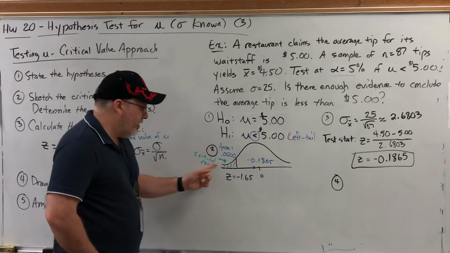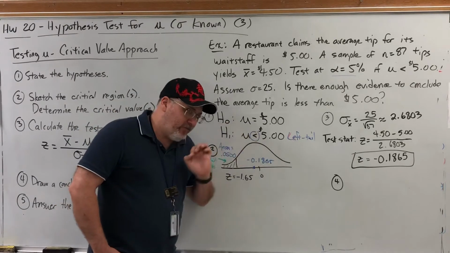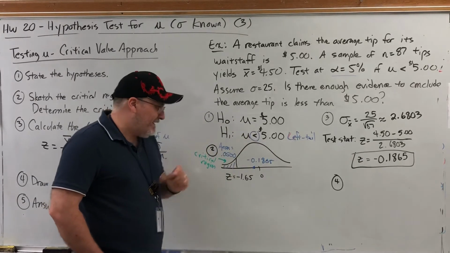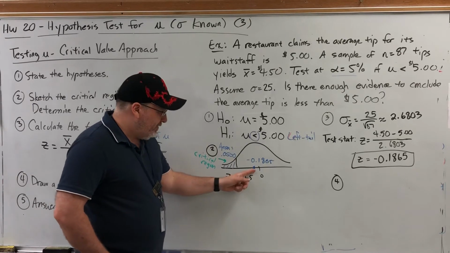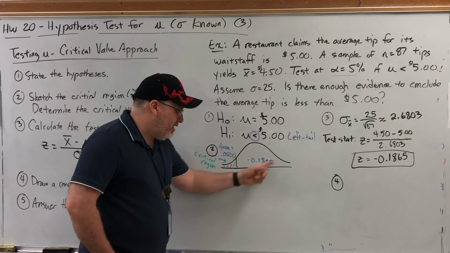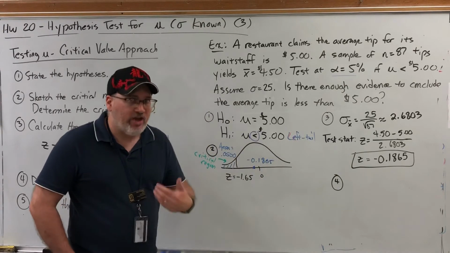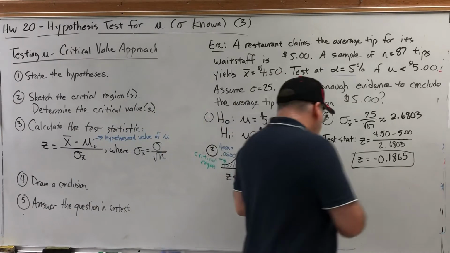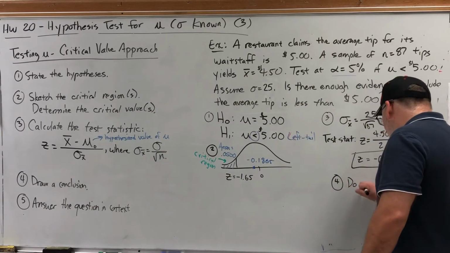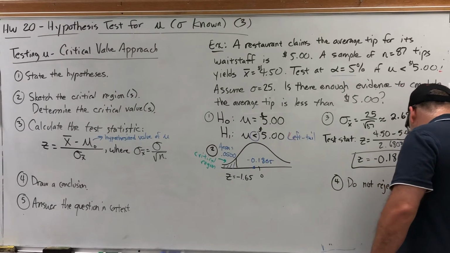I much prefer calling this the rejection region and the rest of it the non-rejection region, because its name tells you what to do. This test statistic stays in the non-rejection region, so our conclusion is do not reject the null hypothesis.